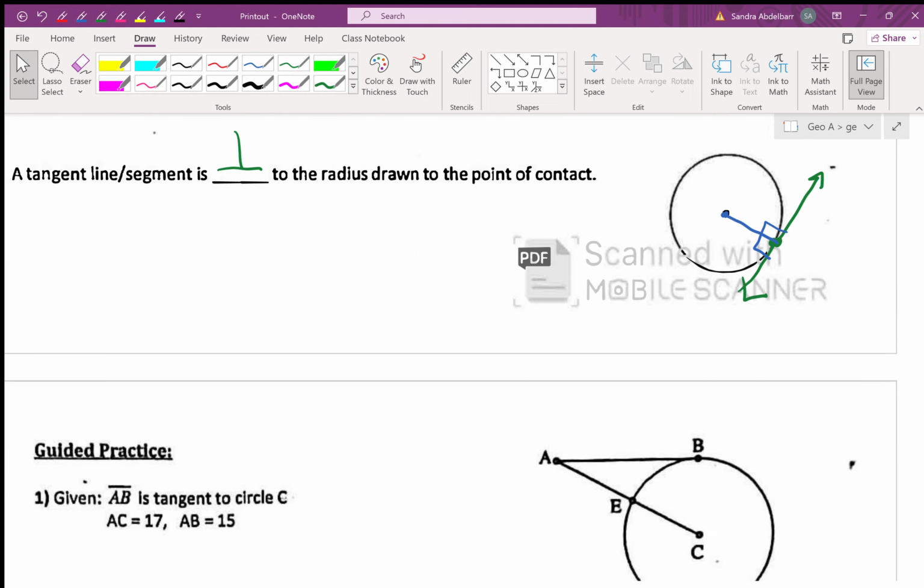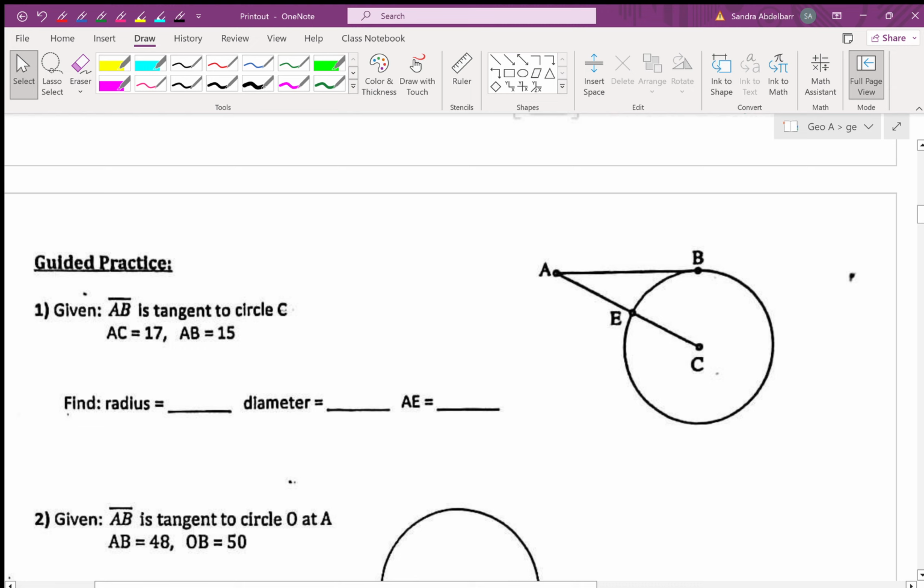All right, so here we have AB as tangent to circle C. I'm creating these diagrams and I'm not completely accurate with my diagrams. So I might draw something that doesn't look tangent, but in the given information, I'll always tell you if it's supposed to be tangent.